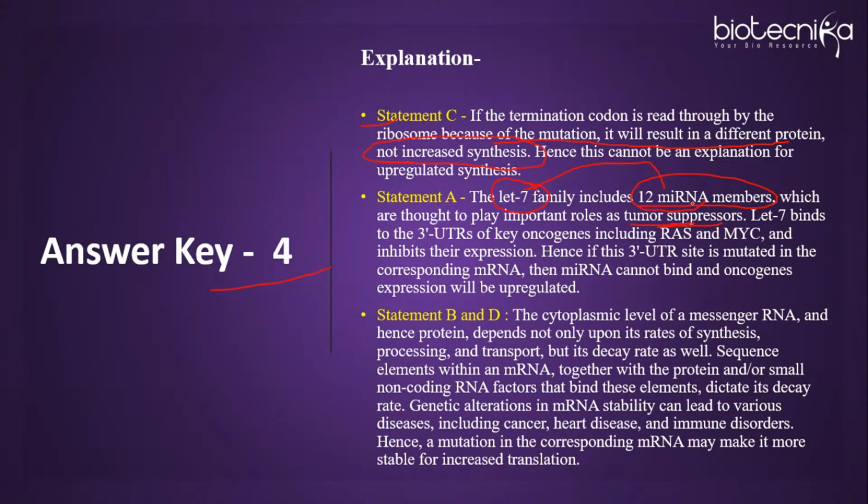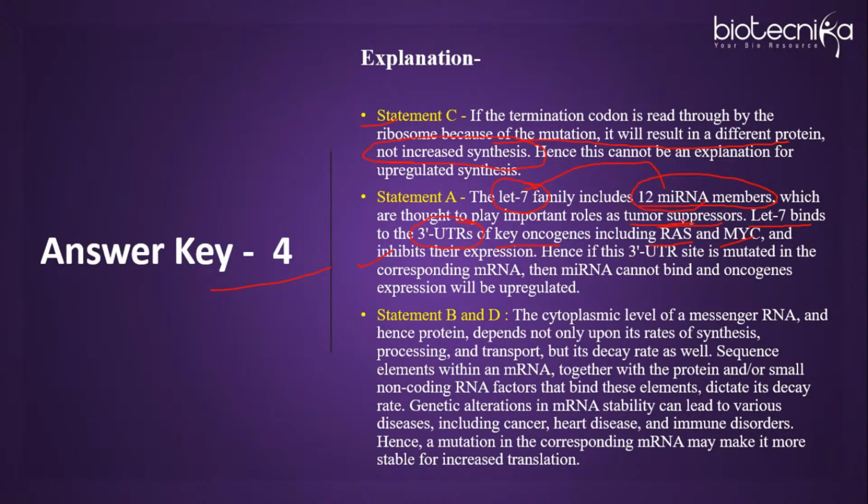So if they are acting as tumor suppressor genes, what will happen? Suppose we have let7 and this will go and bind to the 3' UTR region of oncogenes like RAS, MYC, anything. Then what happens? Definitely it leads to inhibition of their expression because they are tumor suppressors.